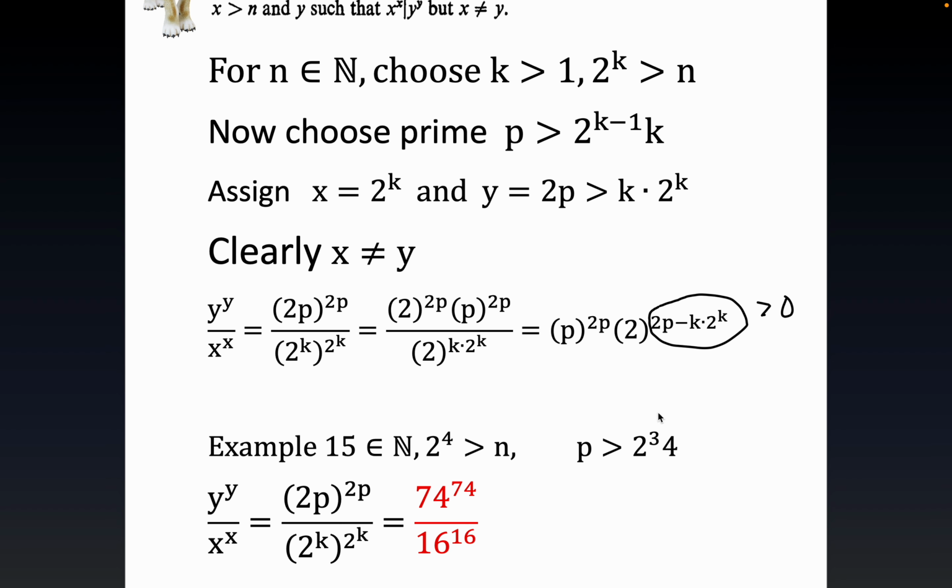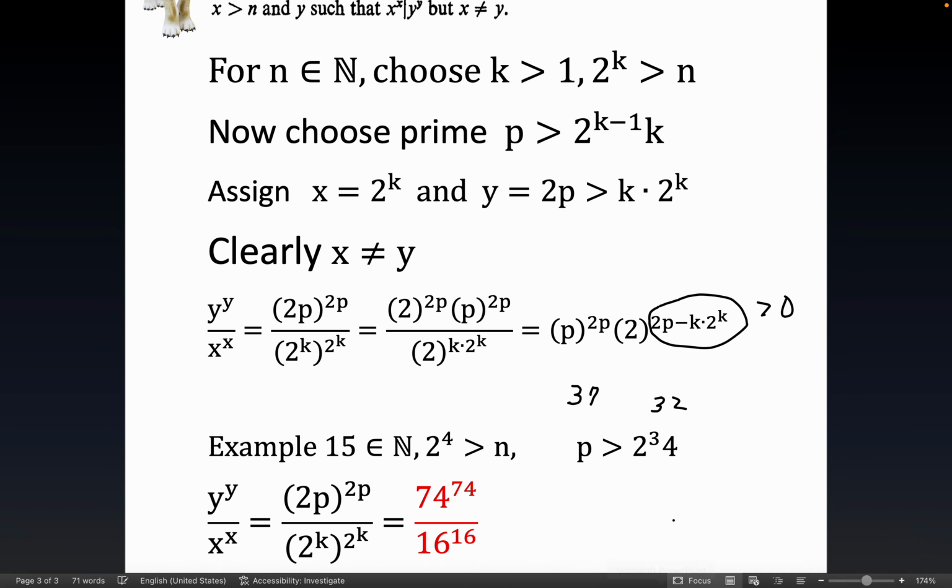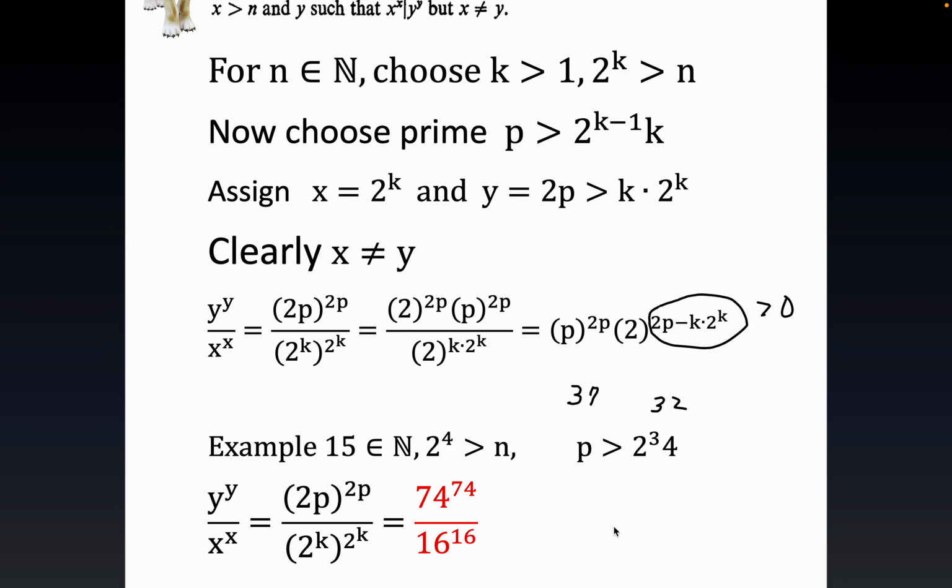Well, 2 cubed times 4 is 32, that's 8 times 4 is 32. So I just arbitrarily picked p equals 37. You could have picked 41 or any other prime bigger than this. There's nothing unique about any of this. In fact, one n generates a lot of these conditions. It's not just a one-to-one sort of thing. And so you can see that 37 was the prime I chose. 2 times 37 is 74.